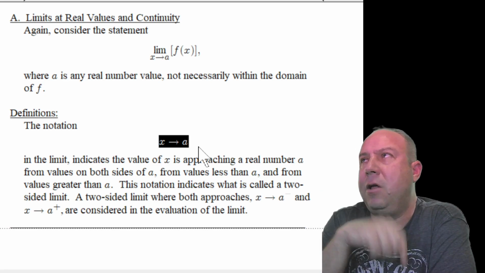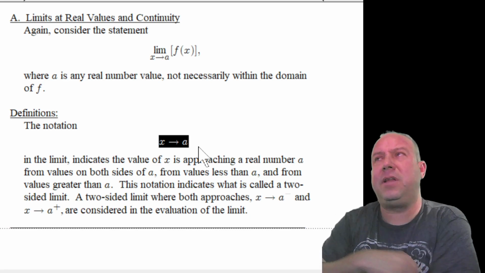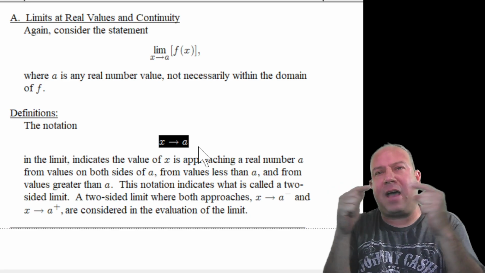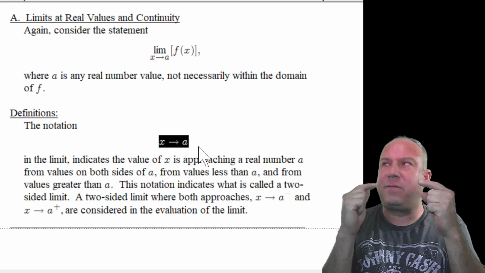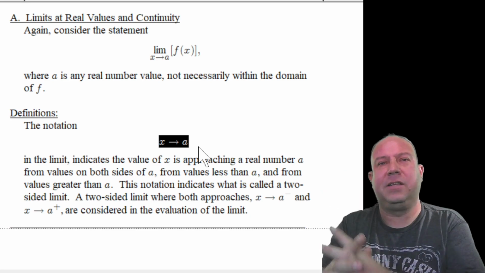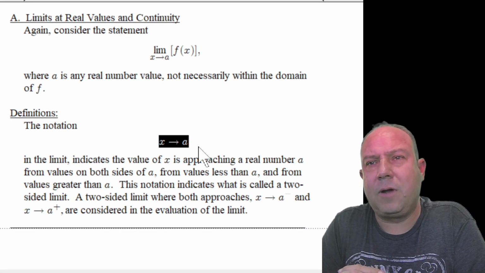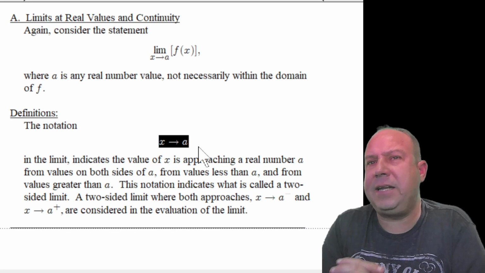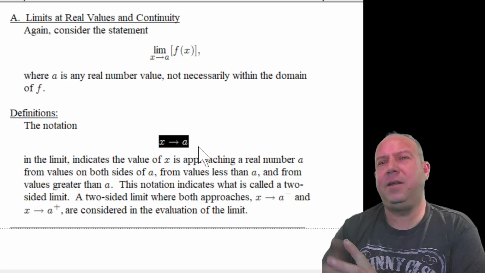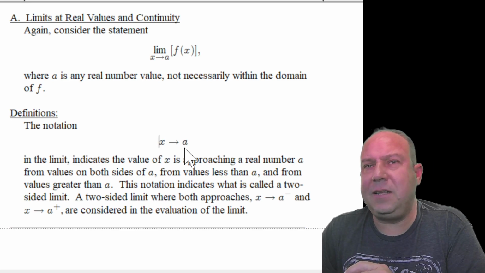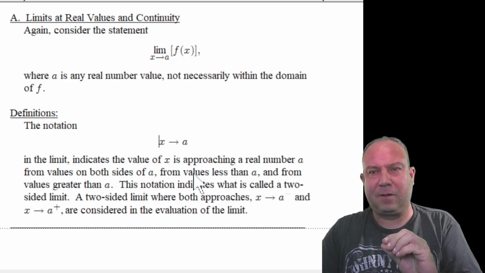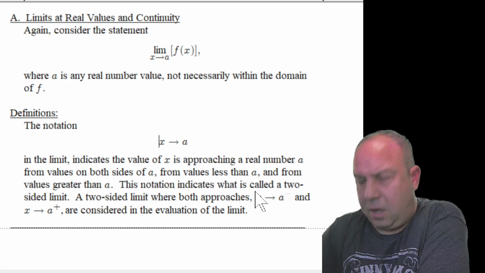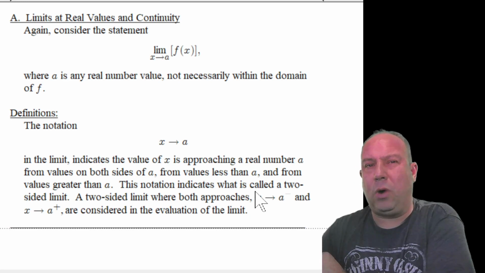If we think about a location a along a number line, x is going to approach that value of a from both values greater than a and values less than a in its approach. This is what's called a two-sided limit. And how we identify a two-sided limit is more of what it lacks than what it has. This is all compared to a one-sided limit.